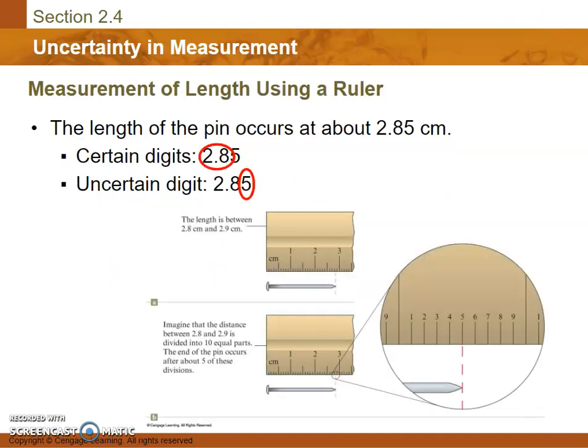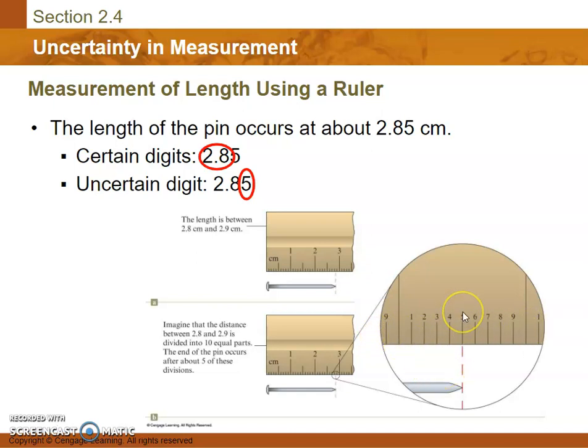So we have a pen that we are measuring with a ruler, and if we look at it, we have 2.8 centimeters that we are certain of. Now we take the space between 8 and 9 centimeters, this area right here, and we estimate, or we assign imaginary numbers between 8 and 9.